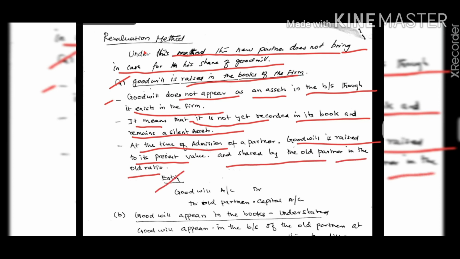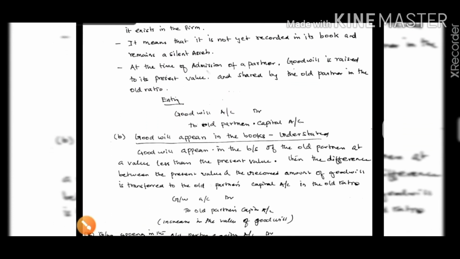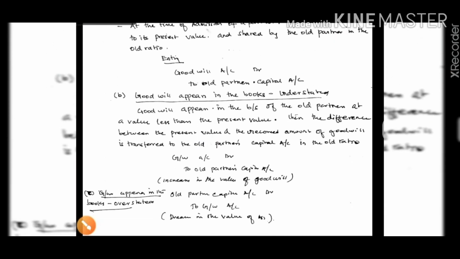Next, goodwill appears in the books of account, so understated. So goodwill appears in the balance sheet of the old partners at a value lesser than the present value. So it is called understated value.